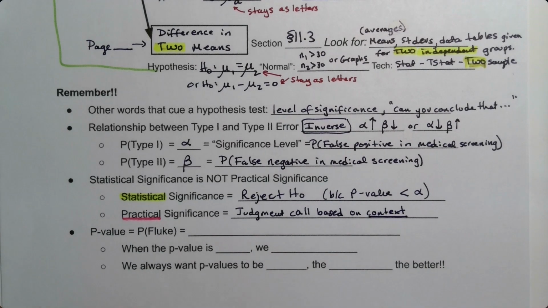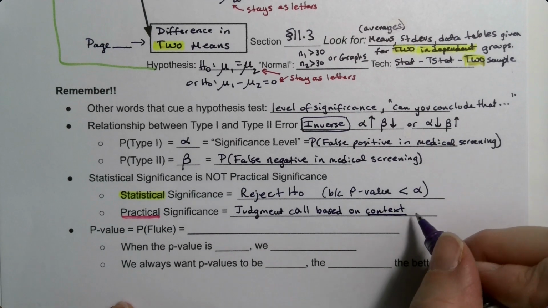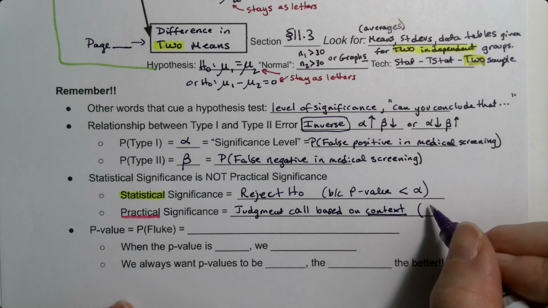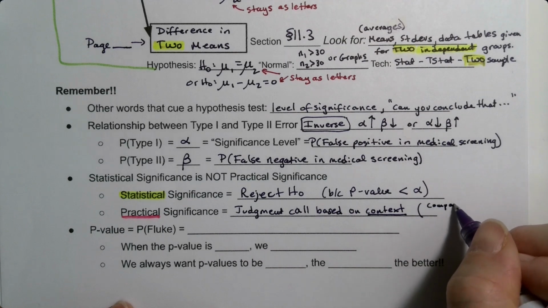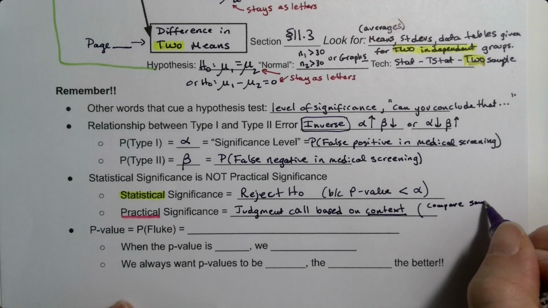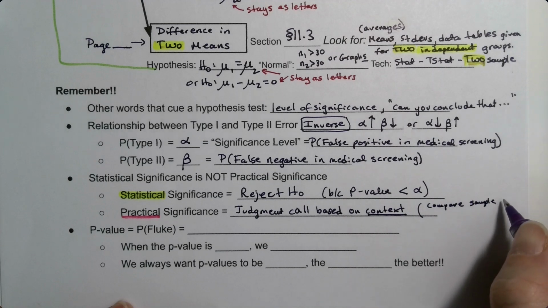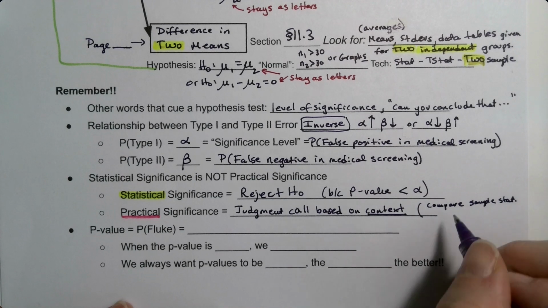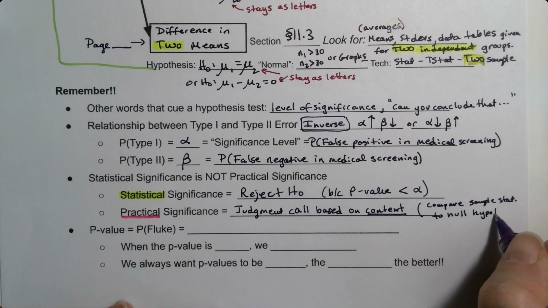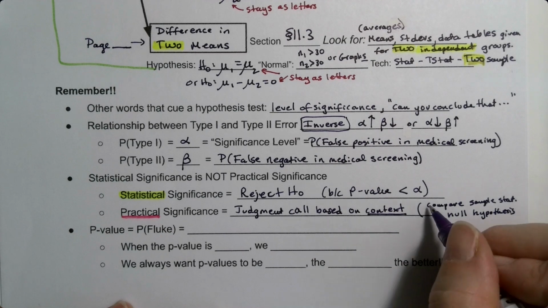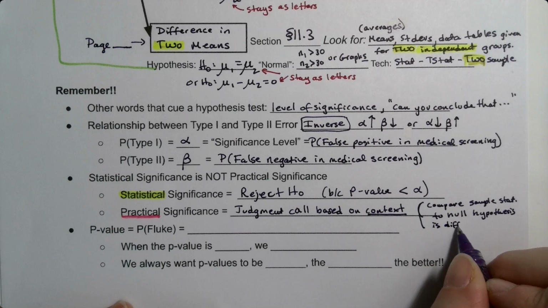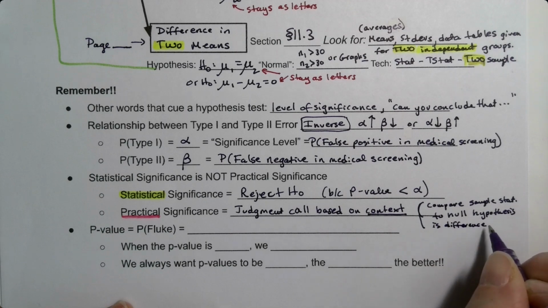So you need to have that context so that you can compare the sample statistics to the null hypothesis and make a judgment about whether they are important. So you compare your sample statistics, if you will, to the null hypothesis, and you're making a judgment about whether or not the difference is important in real life.